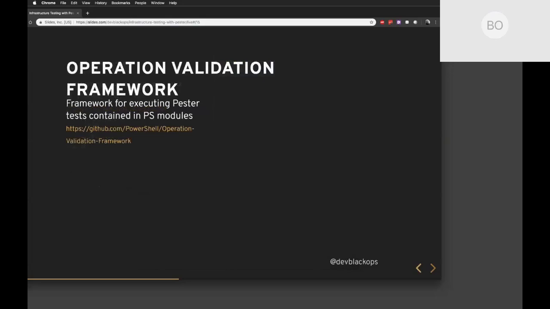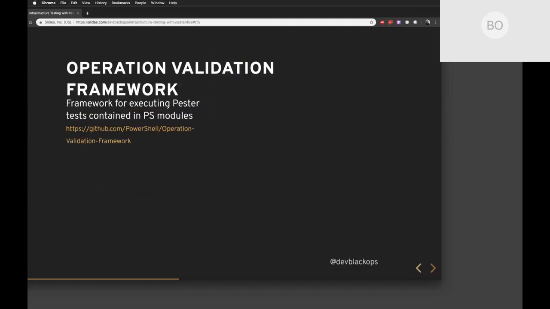in the Windows ecosystem. So the operation validation framework, like I said earlier, is a framework originally released by Microsoft. The idea is that it packages up Pester tests into a module in a certain folder structure. The reasoning behind that is that now that they're in a PowerShell module, you instantly have versioning capability via module versions.